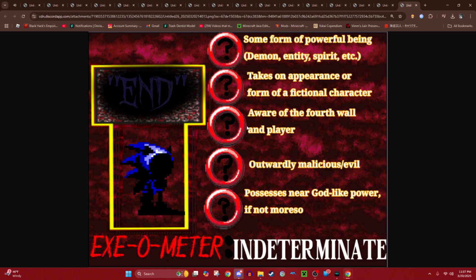That's where that came from. There will never ever be a set in stone way of determining if a character is an EXE. There will never be any way of doing that. Unless the creator themselves says if the character is one or isn't, there is no 100% set in stone way.